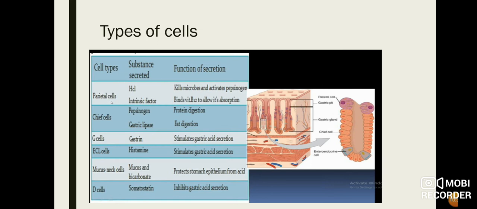The stomach lining is made up of epithelial cells, and the mucus helps protect that epithelium from the strong acid, HCl. The last one is D cells. The D cells secrete somatostatin, which inhibits gastric acid secretion. So that was all the cell types present in our stomach.